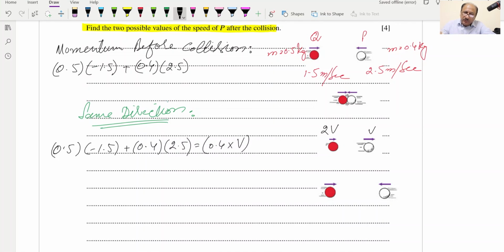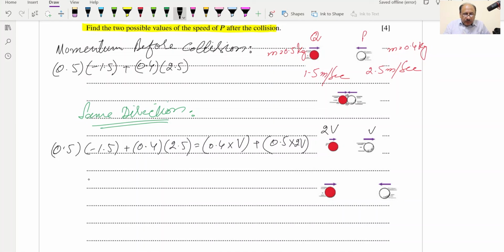So we can write plus 0.5 into 2V. If they are moving in the same direction, we have taken both with the same sign.